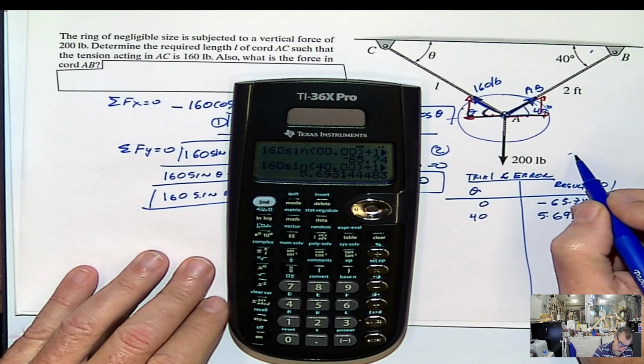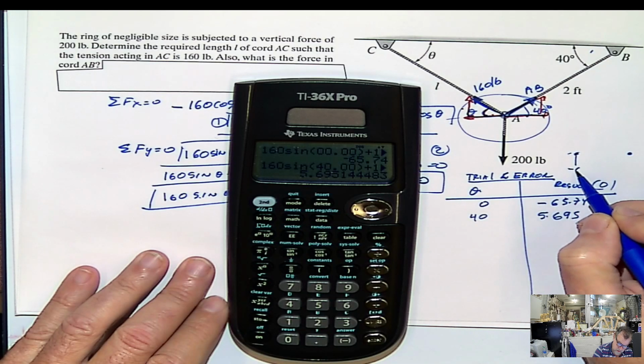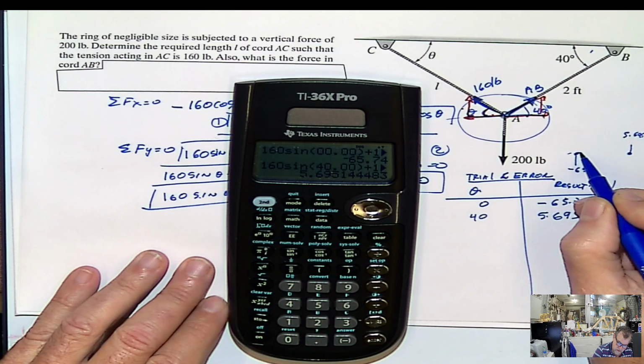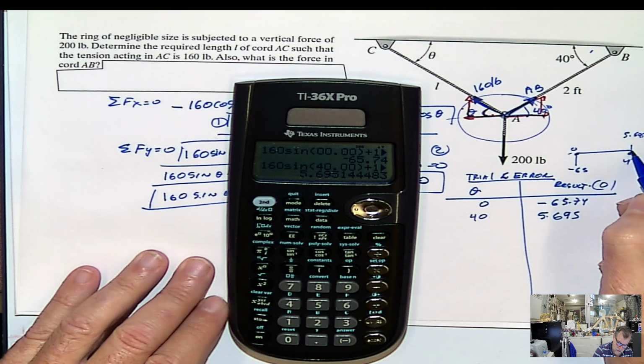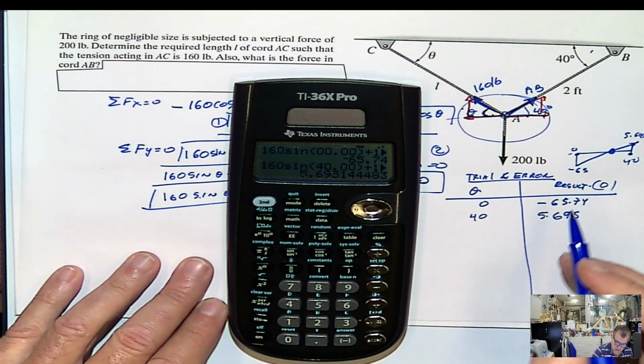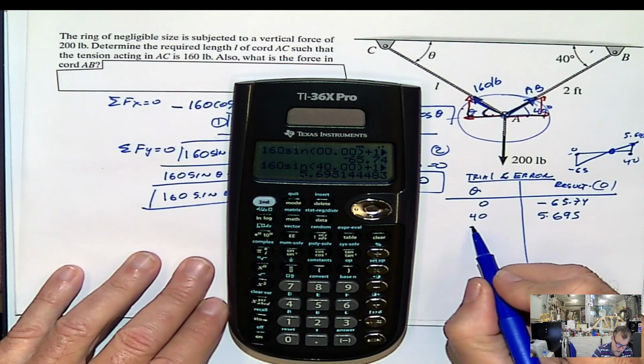You have 0 here as the first value, you have 40, and here you have negative 65, and here you have 5.695. This is 0, this is 40. That means my answer is going to be somewhere here, where the 0 crossing is the value that satisfies that function. So I'm going to try 33 degrees.